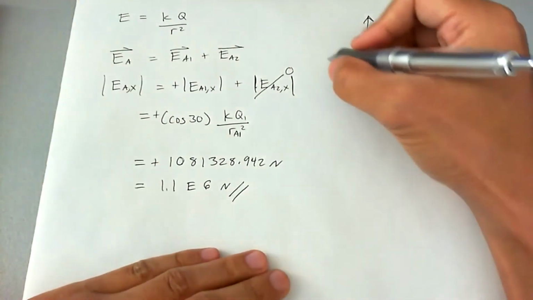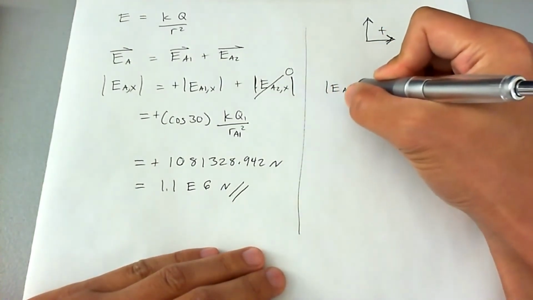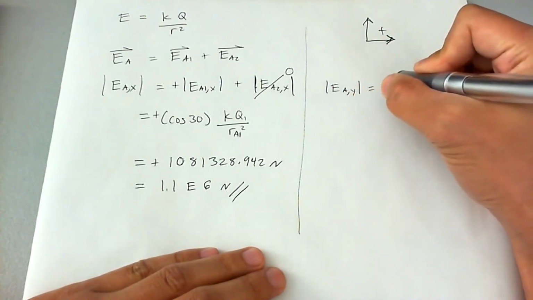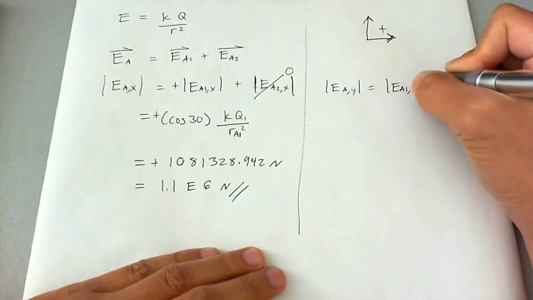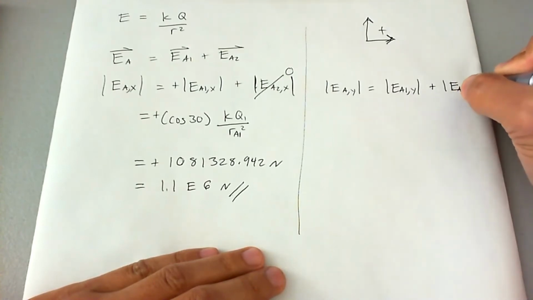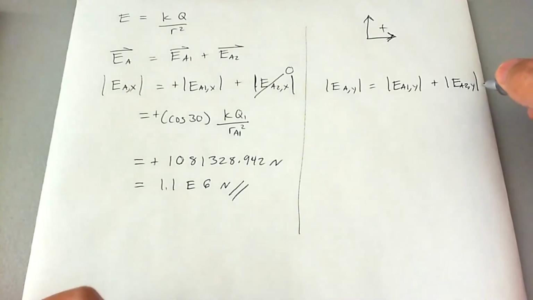In the y direction, we're going to do the same thing. The electric field at A in the y direction net is equal to the electric field at A due to charge 1 in the y direction, plus the electric field at A due to charge 2 in the y direction. Now, let's analyze what's going on.